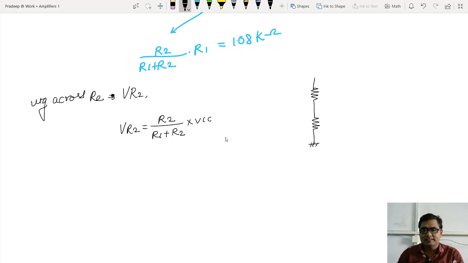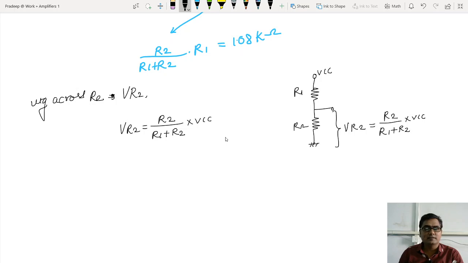I am interested in the voltage across R2. This is R2, this is R1, and this is VCC. Then what will be the value of VR2? You have studied this in network analysis. It must be R2 divided by R1 plus R2 multiplied by VCC.